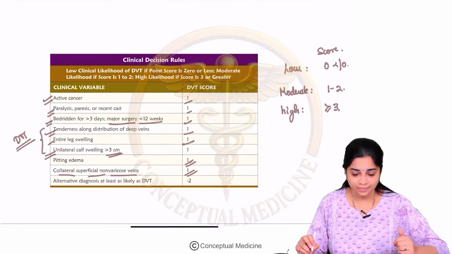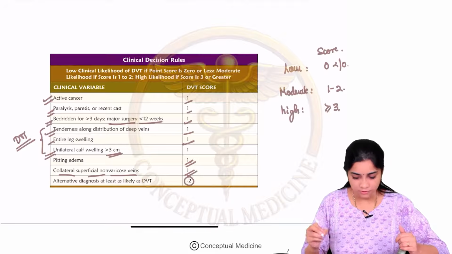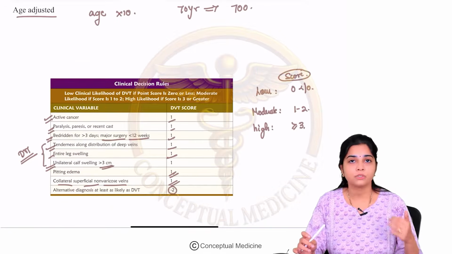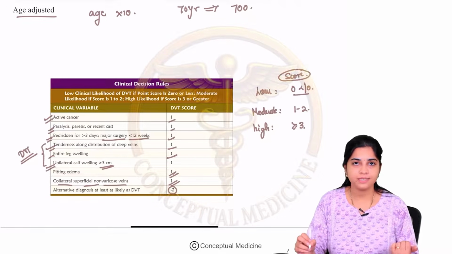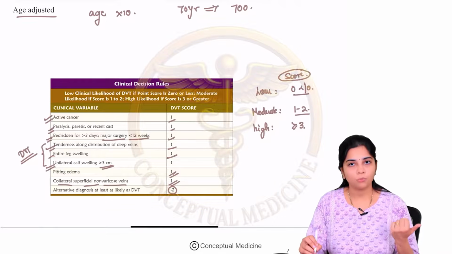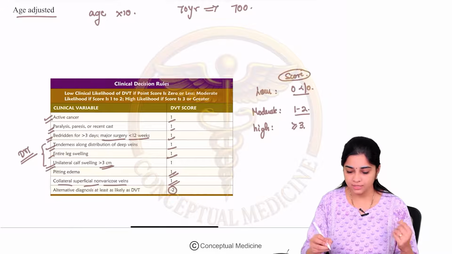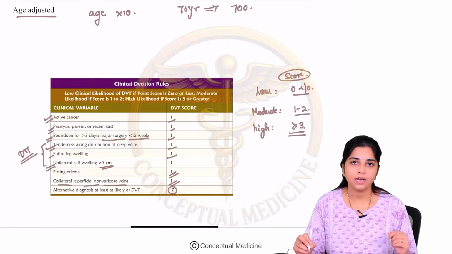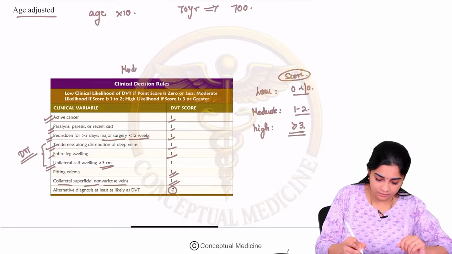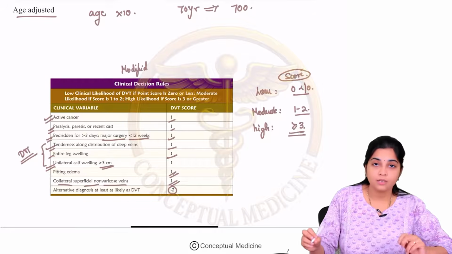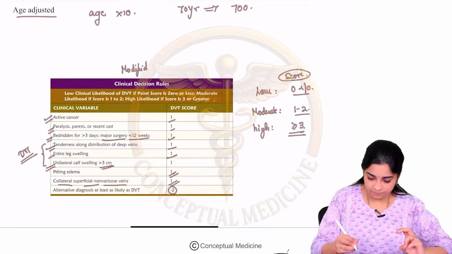Alternative diagnosis less likely is a score of -2. So depending upon the total score, if the score is 0 or less than 0, it is a low probability, 1 to 2 is a moderate probability, and more than 3 is a high probability. So this is your modified Wells score, which is a probability score for PTE.